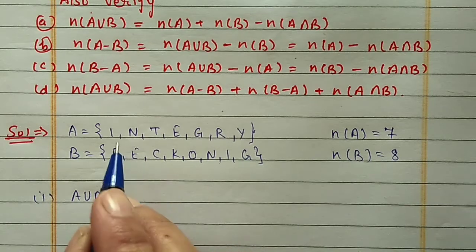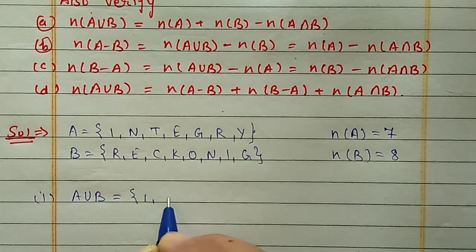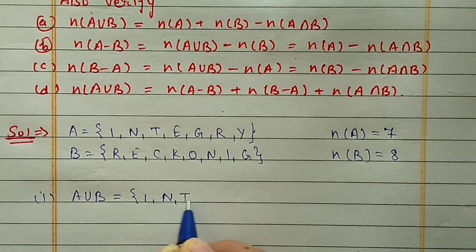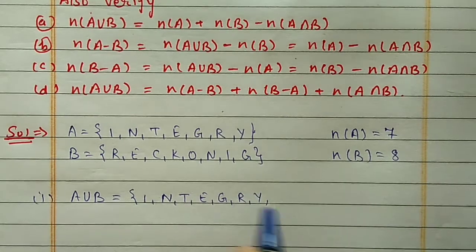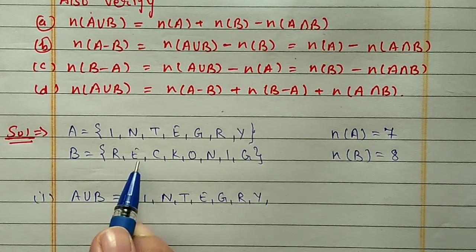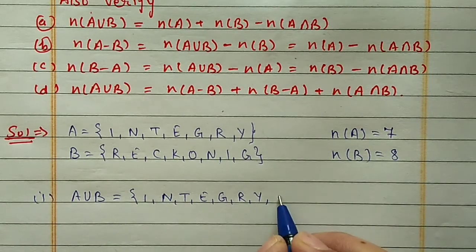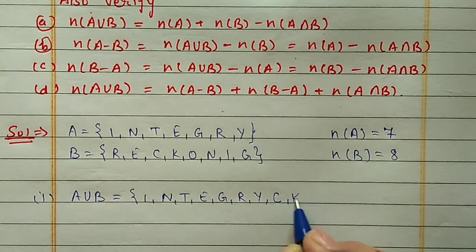So A union B means the combination of A and B. So first we will write A: I, N, T, E, G, R, Y. Now R already it is written, so we will not write. E also written. C is not repeated, so C we will write. Then K also not there.